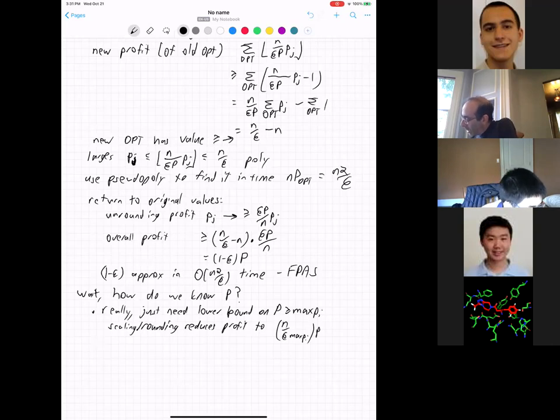And we also have an upper bound on the profit. Here we have a lower bound because we're putting it in the denominator, and here we put an upper bound because it's in the numerator.